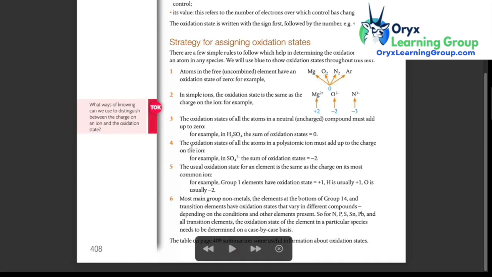Then the oxidation states of all the atoms in a polyatomic ion must add up to the charge on the ion. For example, in SO4 2-, the sum of oxidation states should be equal to -2. Clear with this? Can you quickly tell me, in SO4 2-, what is the oxidation state of sulfur? Zero.